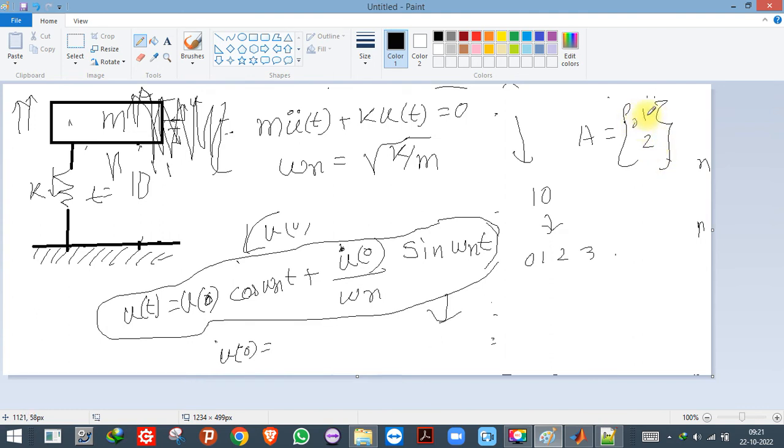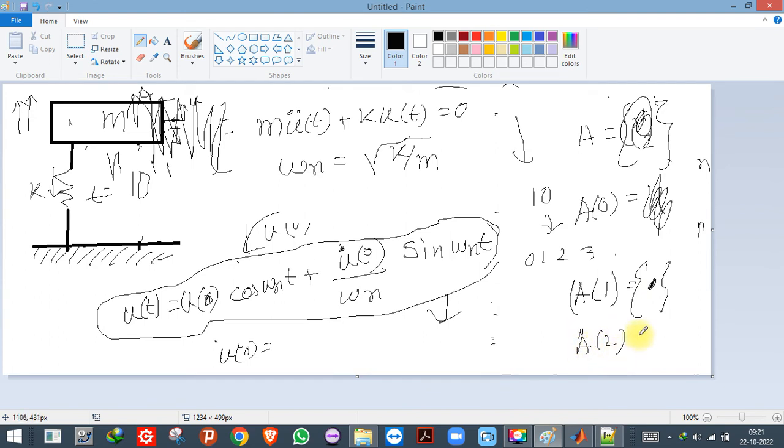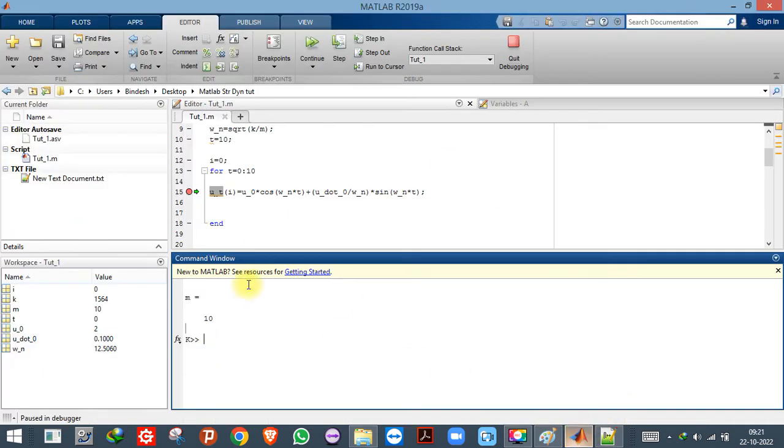The value can be 0, no problem, but a of 0 means there is nothing in the system, so it cannot be 0. It has to be a of 1, which means there is only one element in the vector. If a of 2, that means it will have 2 elements in the vector. So that's why it is giving me that error.